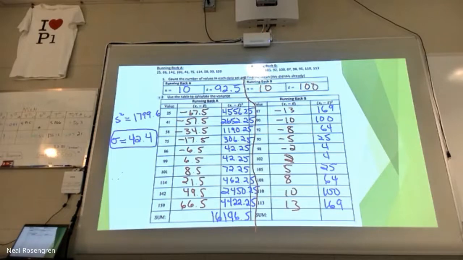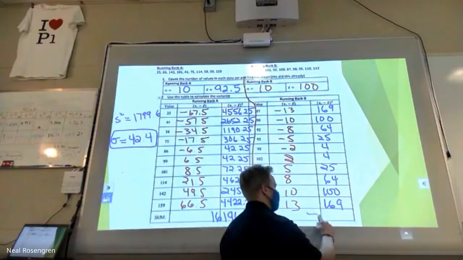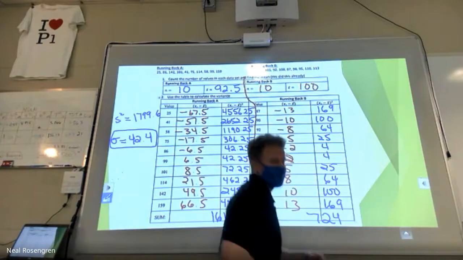All right, let's add them up and see what we get. 169 plus 100 plus 64 plus 25 plus 4 plus 4 plus 25 plus 64 plus 100 plus 169 is 724. That's the sum.